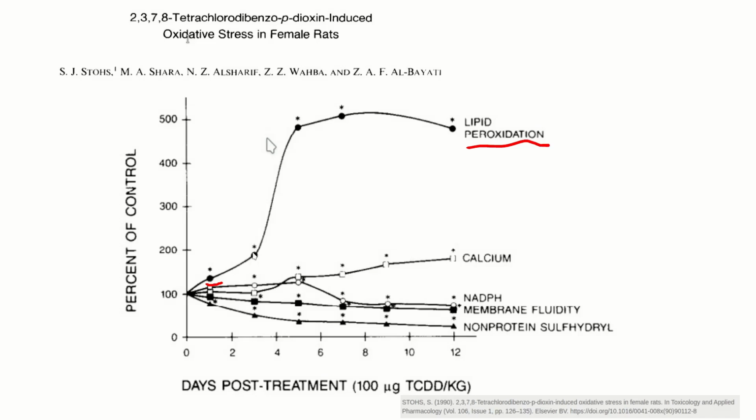And by day 3 or so, the oxidized PUFA have doubled, and by day 4.5, you literally have almost 5 times the amount of oxidized PUFA in response to TCDD, because that NAD pool is more reduced.